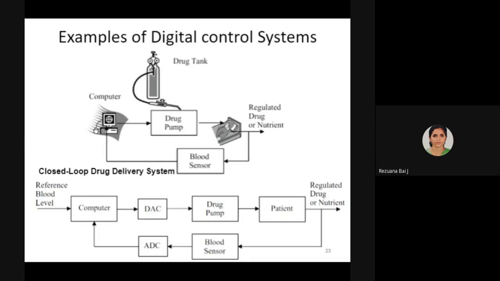Nowadays the nurse may control it, but in big countries or in sophisticated hospitals, this is done automatically. So if it is required, then only the glucose or insulin will be injected. Otherwise, it will not. That is done automatically using digital control.